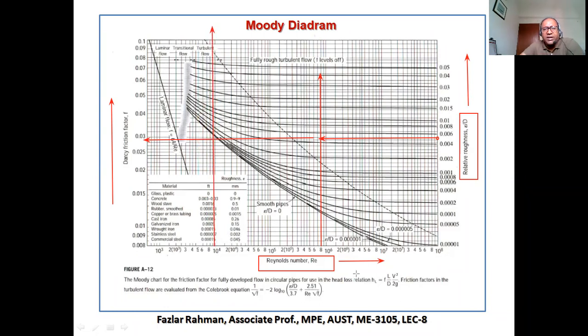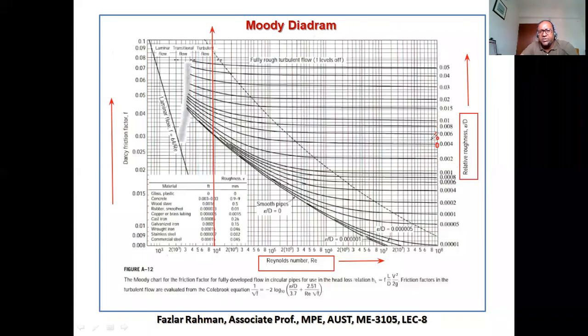But for example, say your point is right over here and your Reynolds number is right over here. Now, how will you figure out the value? In that case, you need to come along this line. You see this point is between 0.6 and 0.4.